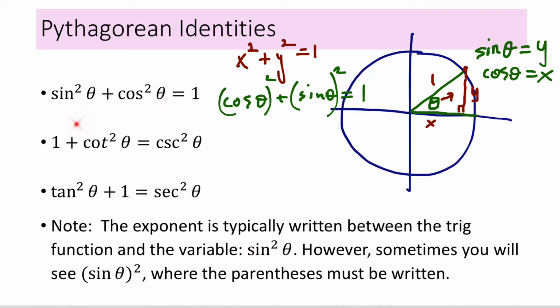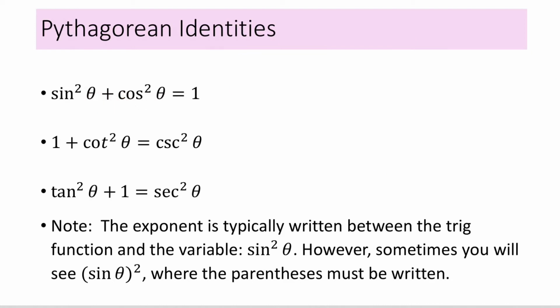Sometimes you'll see it written with parentheses around the entire thing and then squared on the outside, but that is not very common. You'll usually see it like this. So if we write it that way, we've got the cosine squared of theta plus the sine squared of theta is equal to 1, and you could also have it written the other way. It doesn't matter either order. So we've developed this first identity.